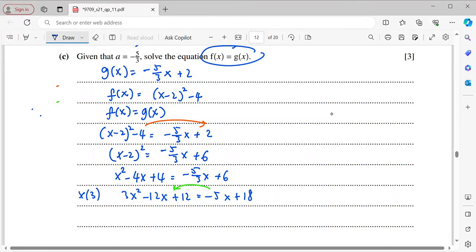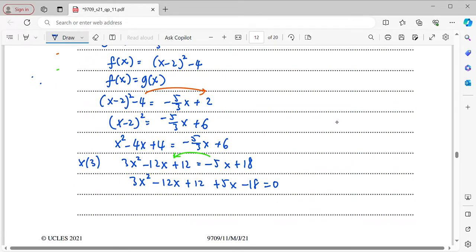Then I will be getting 3x squared minus 12x plus 12 plus 5x minus 18 equals 0. And now simplify all these terms, you will be getting 3x squared minus 12x plus 5x, it will be minus 7x. Then 12 minus 18, it will be minus 6 equals 0.